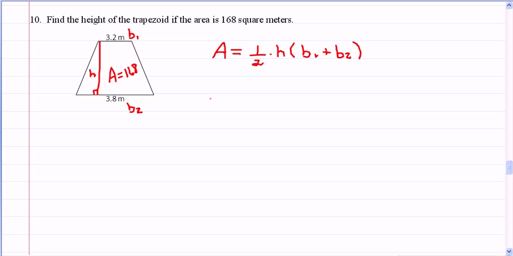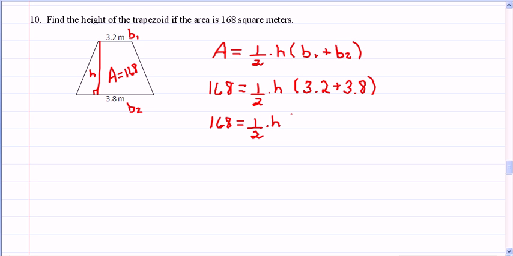So if I take all of the values and substitute them into the proper letter, I have 168 equals 1/2 times the height, which is what we're looking for, times base 1 is 3.2 plus base 2 is 3.8. So 168 is equal to 1/2 times the height, and 3.2 plus 3.8 is equal to 7. So to solve for h, you have this 1/2 and this 7.